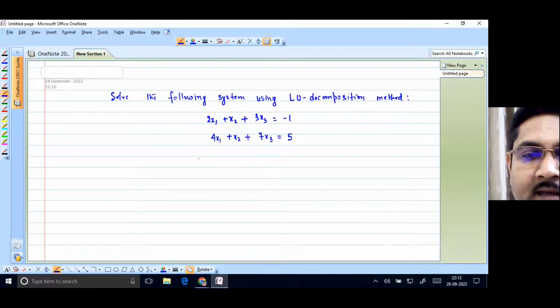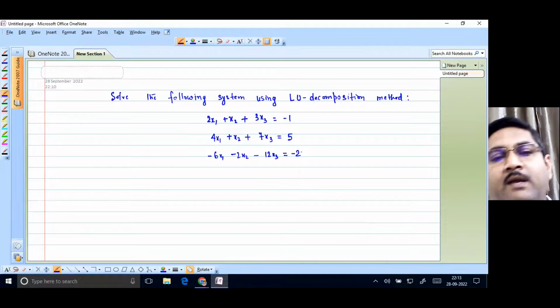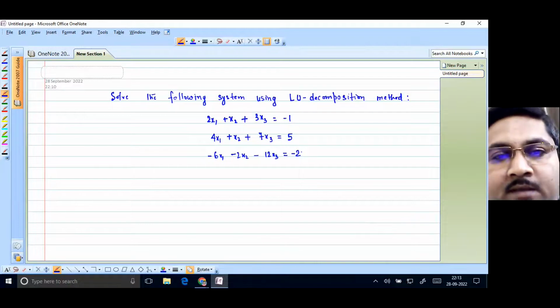And finally, I write minus 6x1 minus 2x2 minus 12x3 and that is equal to minus 2. So I have to solve this system of equations using LU decomposition.